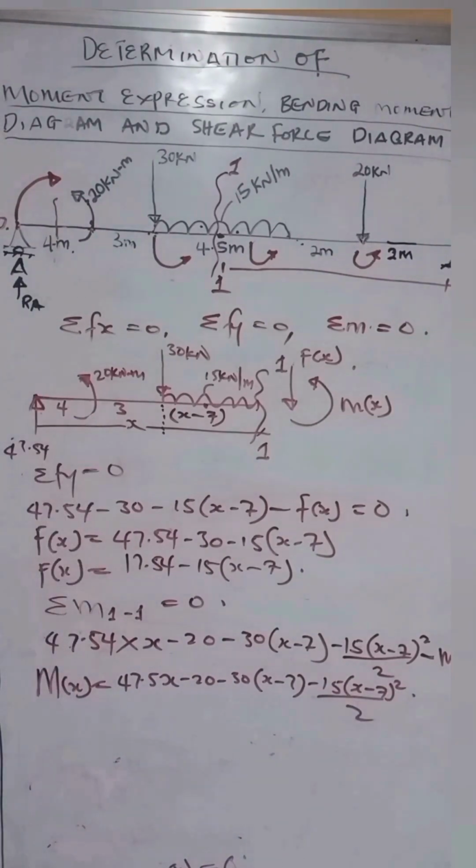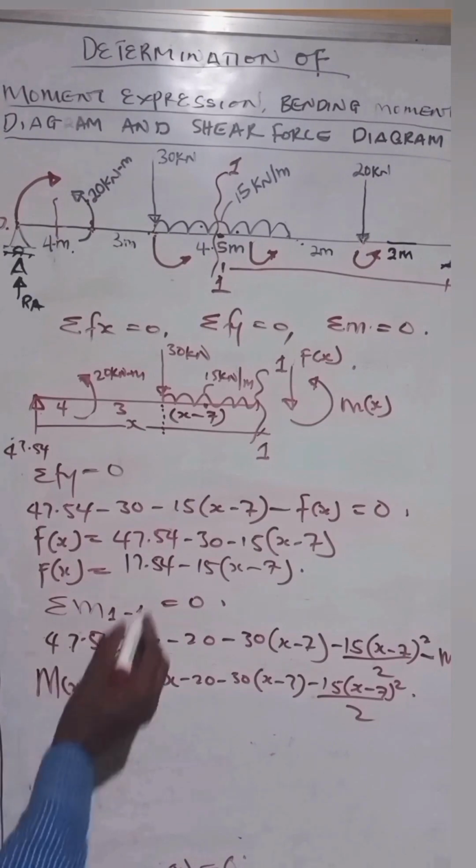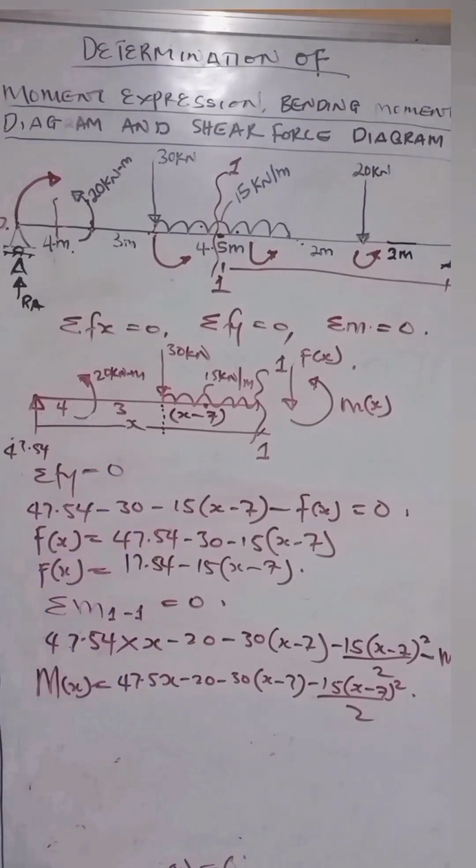So this becomes our moment expression. Once we have this expression, we can substitute the values of x within this boundary range. This is the boundary range, remember: between x equal to 7 and x equal to 11.5. So when we do that, we can get the values in that range.